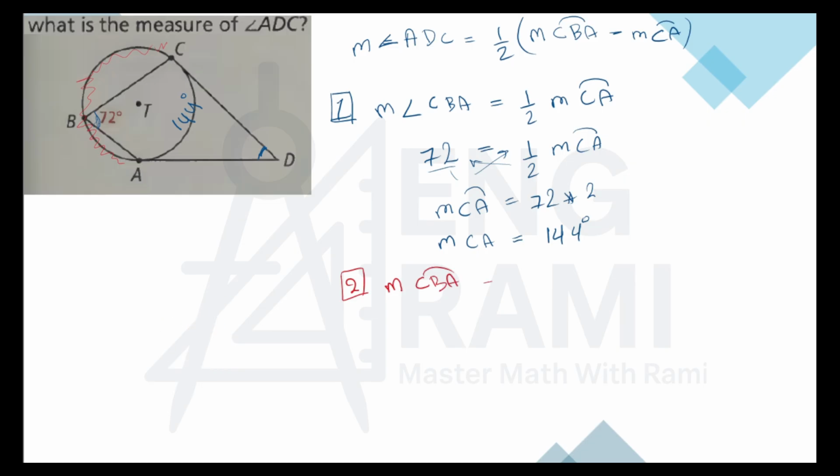Step 2: the measure of arc CBA equals 360 minus 144 degrees, which equals 216 degrees.